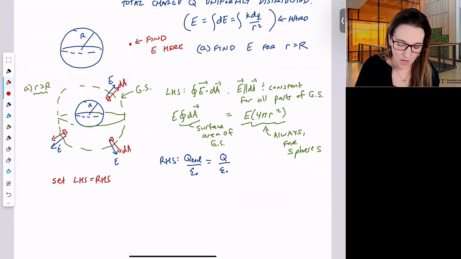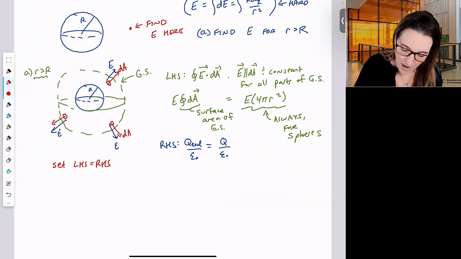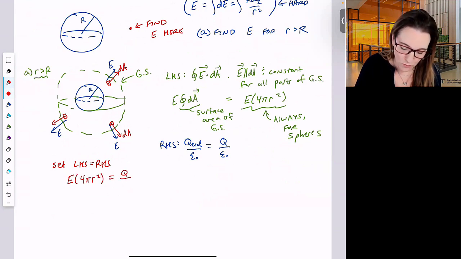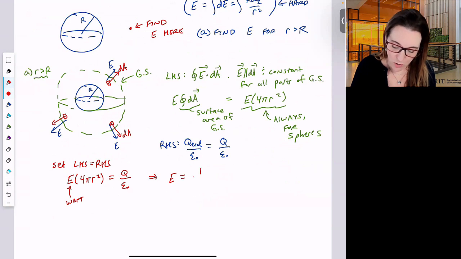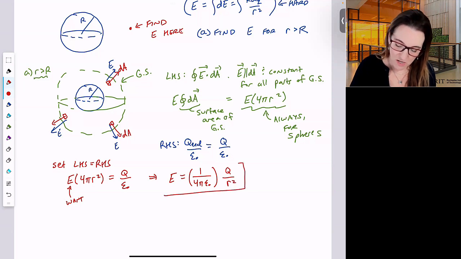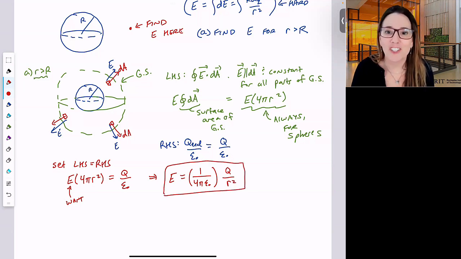I end up with E times 4 pi r squared equals Q over epsilon naught. Again, remember, it's E that I'm trying to find. And so I get E equal to 1 over 4 pi epsilon naught times Q over r squared.